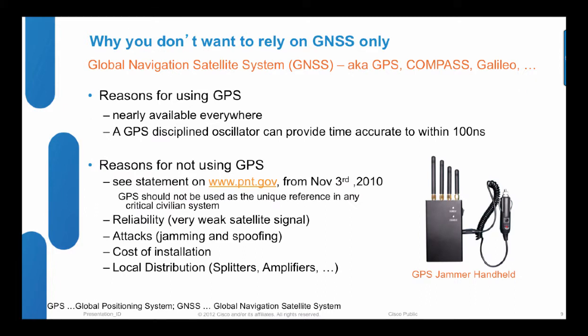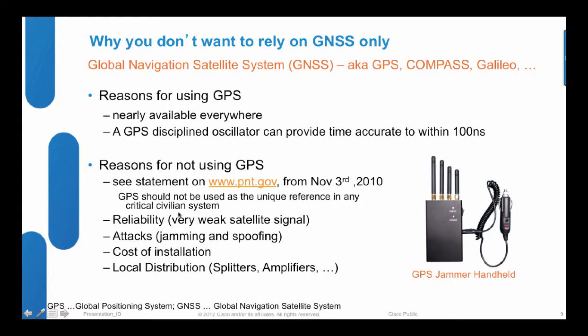Some people say, well, why don't we stick a GPS antenna at various locations around the cell sites? That could be done, but if you look here on the screen, it says it all: GPS jammer handheld, and so that could be jammed and mess up your signal.